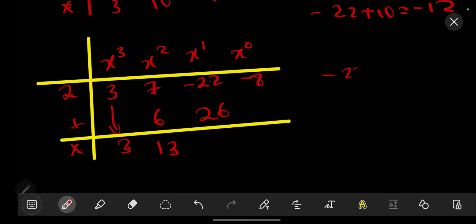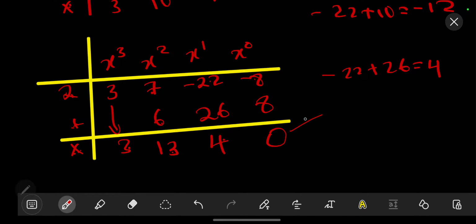Add negative 22 plus 26, this will give us a positive 4. Then multiply 2 times 4, this will give us a positive 8. Negative 8 plus 8, this will give us a 0. That means you have factorized that one.